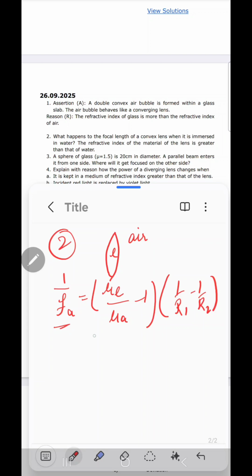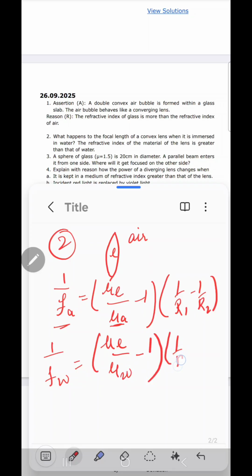Now when it is placed in water, we will check what is going to happen. So the lens refractive index is the same, but the medium is going to be changed here. So here we would substitute the refractive index of water, minus 1, times 1 over r1 minus 1 by r2. So the main thing you see here is that only one term is going to get changed.